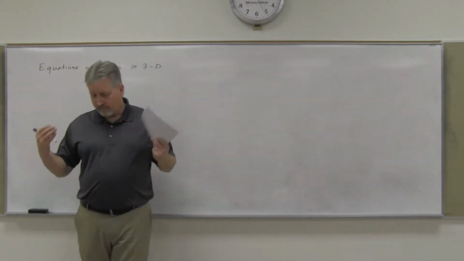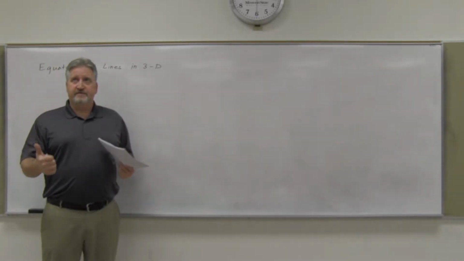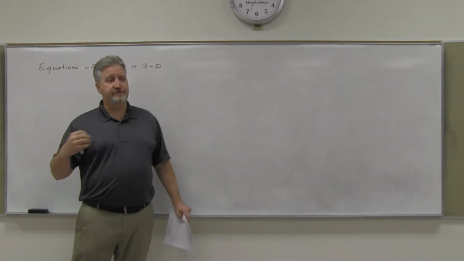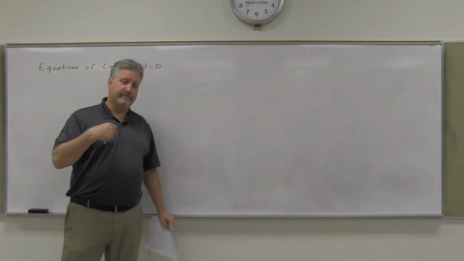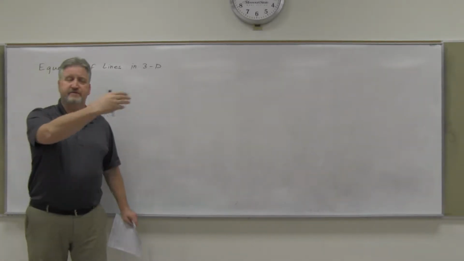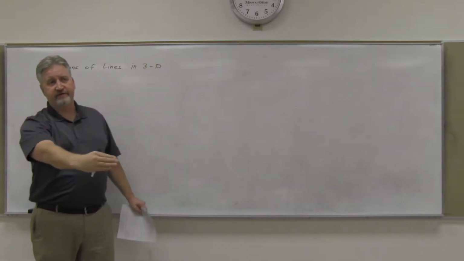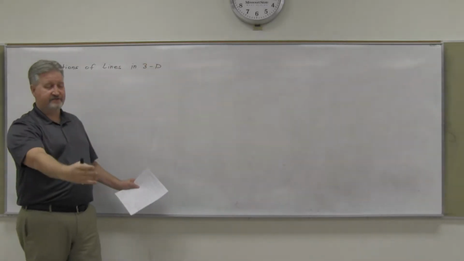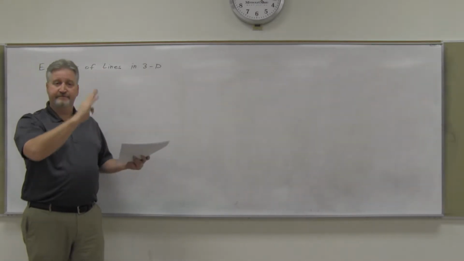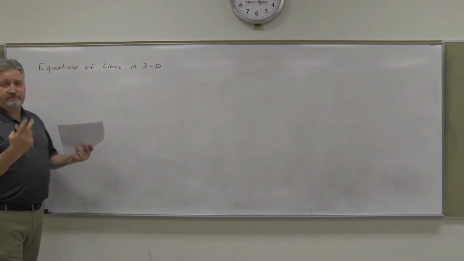Well, the analogy is the slope. In 3 dimensions, what that gives you is the direction of the line. The slope is the direction of the line. So a 2/5 slope or a -3/7 slope tells me a direction, either downhill or uphill. So in 3 dimensions, we need the same information.